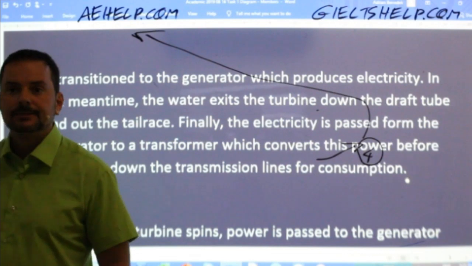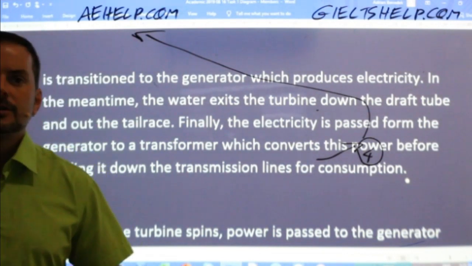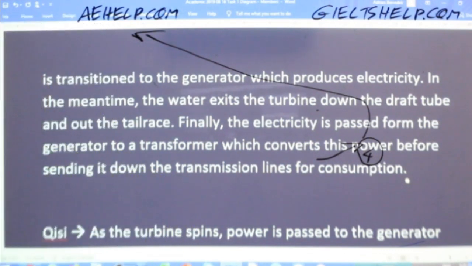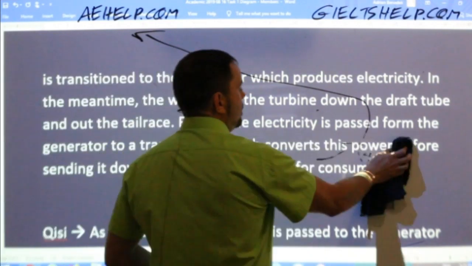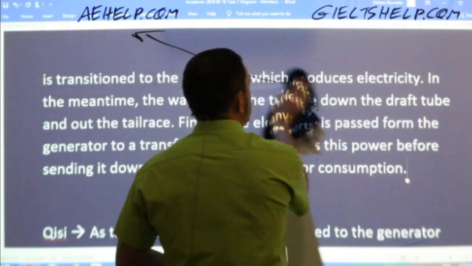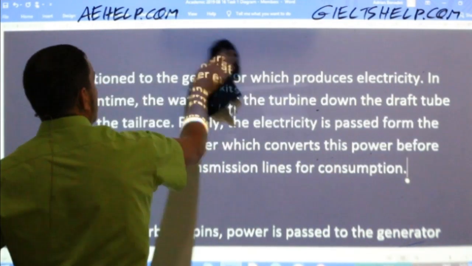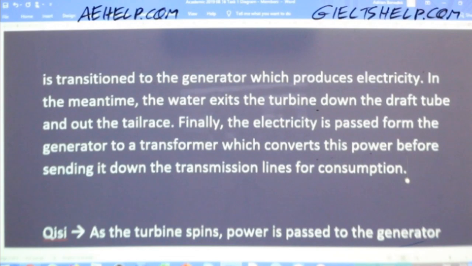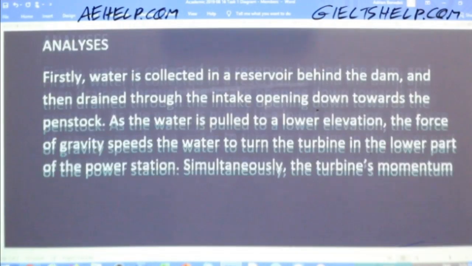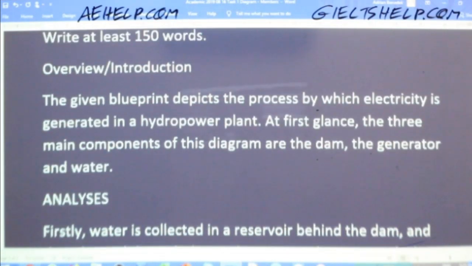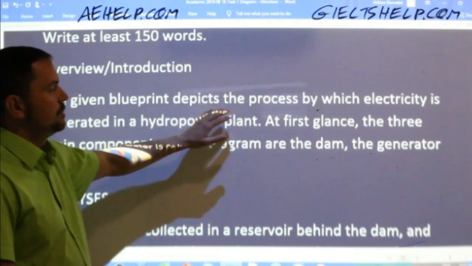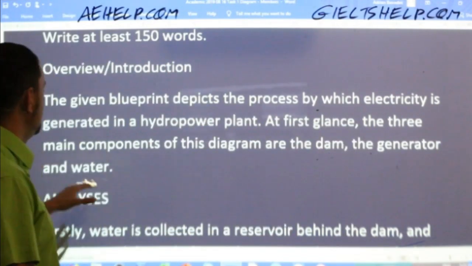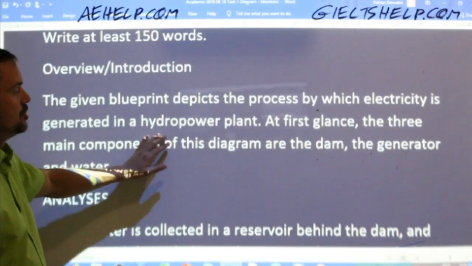All right. So there is my final step. While you're thinking about your last sentence, I'm going to read what I have so far just to make sure that it's okay. Overview. The given blueprint depicts the process by which electricity is generated in a hydropower plant.